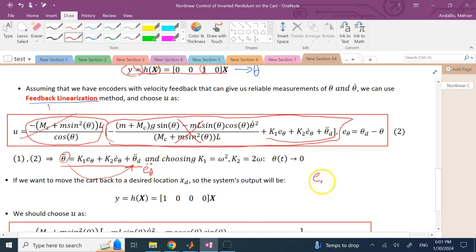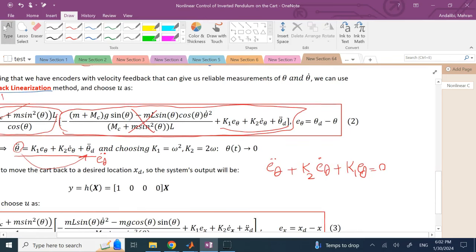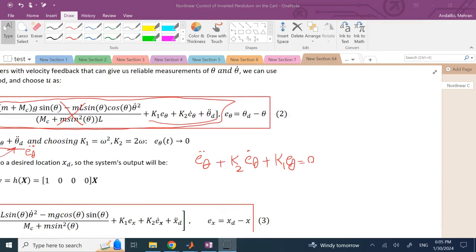So you get error theta double dot plus k2 error theta dot plus k1 error theta equals 0. And if I choose my k1 and k2 appropriately, there is a guarantee that I can drive e theta to 0. So I can drive theta in this case to 0, or actually it's better to say e theta to 0, not theta to 0. Okay, so here I fixed it.